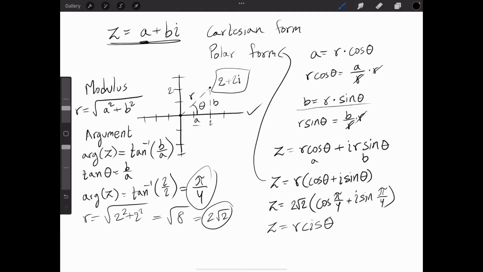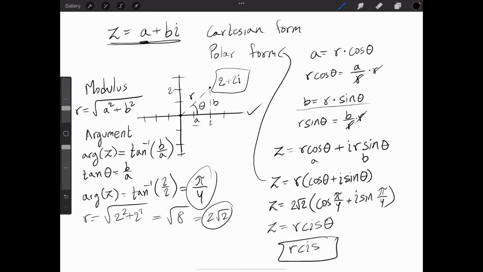It's weird, but it's just the shorthand instead of having to write cosine theta plus I sine theta every single time. That is where r cis comes from, if you saw that phrase in your textbook or remember it from class. So those are Cartesian form and polar form.